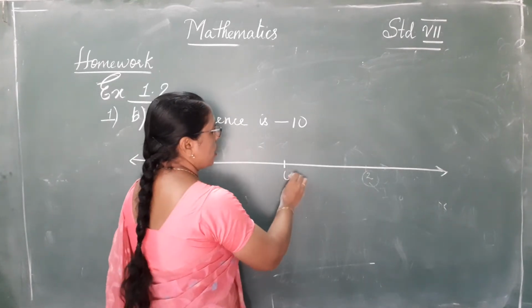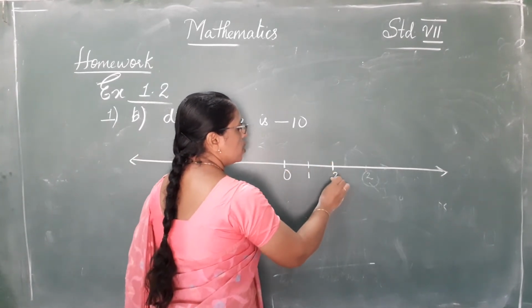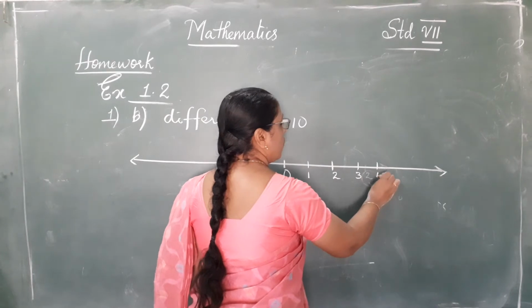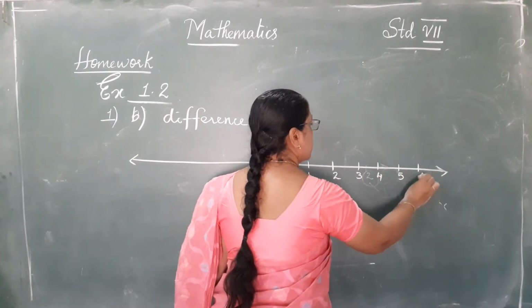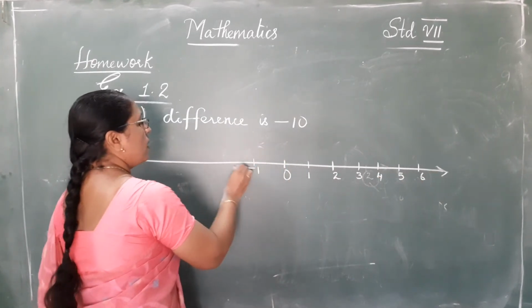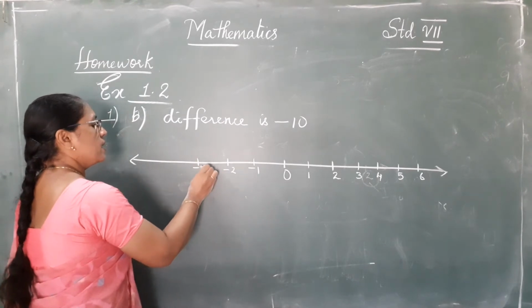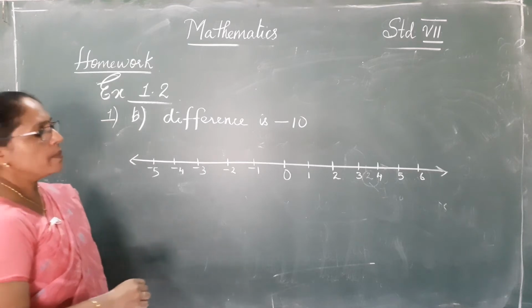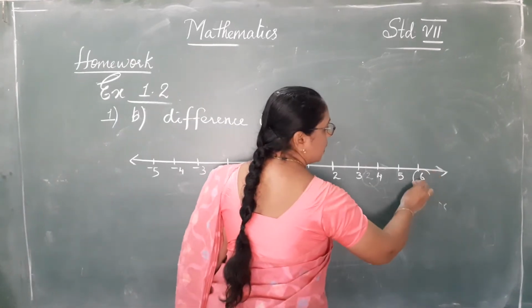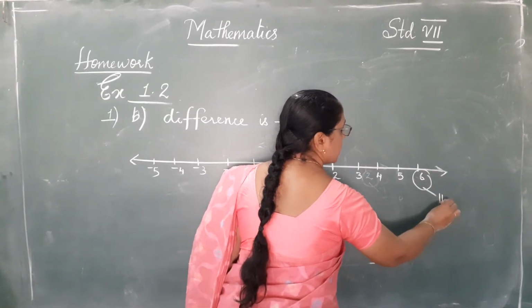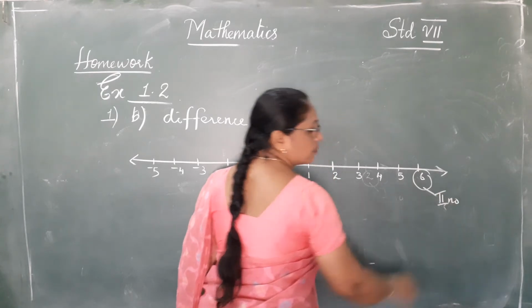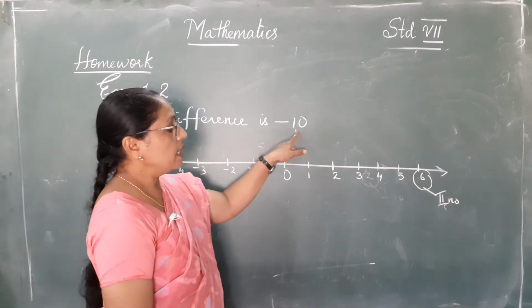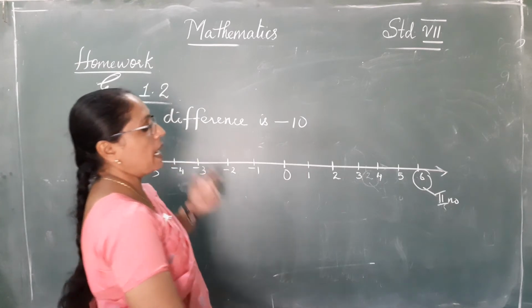So 0, 1, 2, 3, 4, 5, 6, -1, -2, -3, -4, -5. So I am selecting this number 6. The number which is selected is the second number. And 10 units you have to count backward.